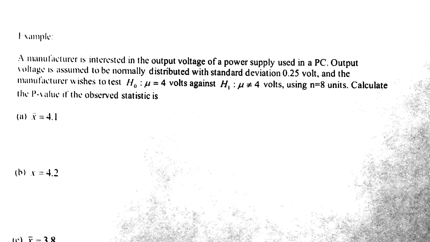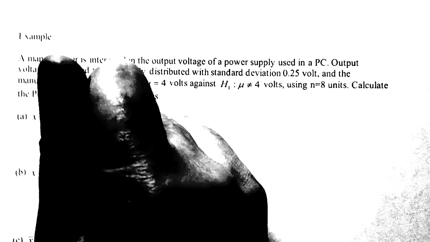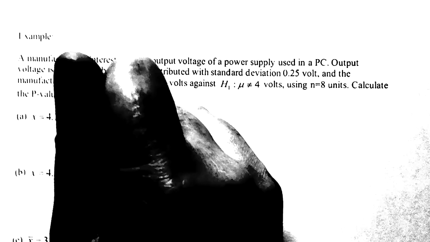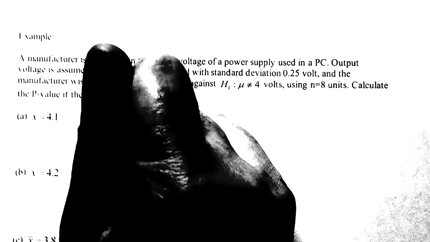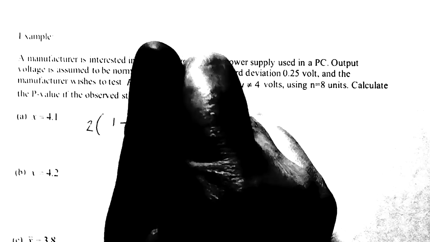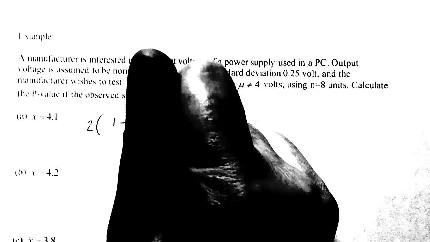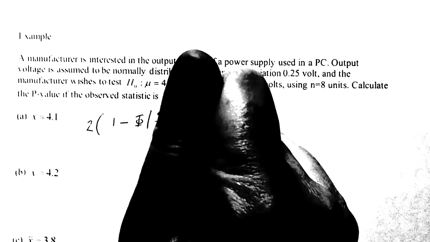So we're going to calculate the z-statistics for all of these cases, and this is just giving us a chance to practice. And so our p-value for the first one, 4.1, is 2 times 1 minus the z-statistic for 4.1 minus 4 divided by 0.25 over the square root of 8.